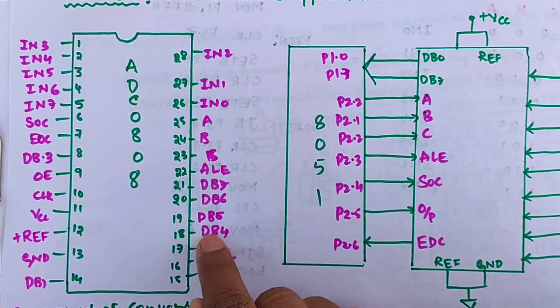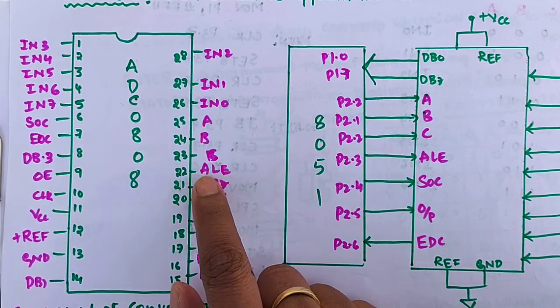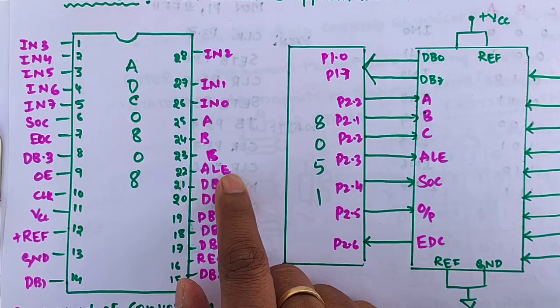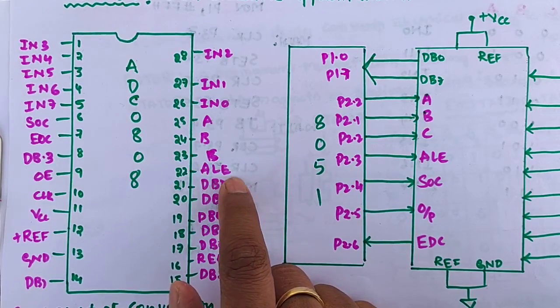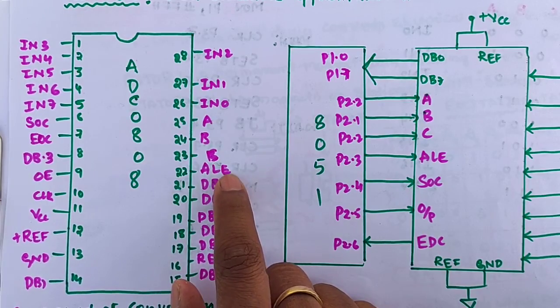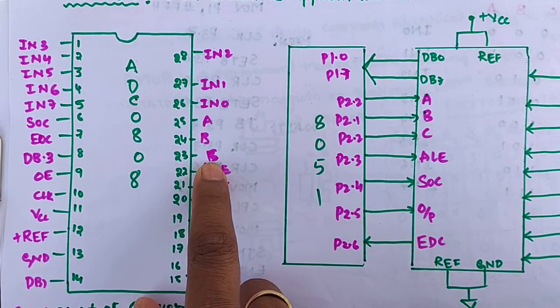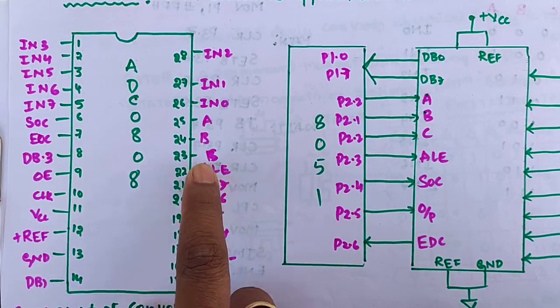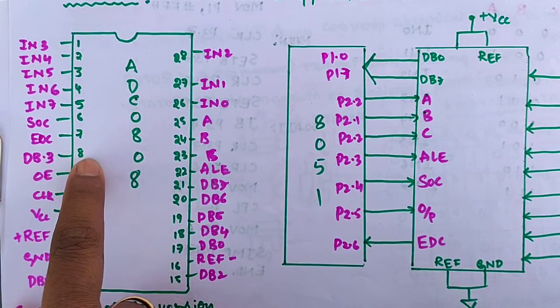These data bit lines represent the output bits. There is also the address latch enable, because the data and address lines are both used here, therefore a latch is required. So the address latch enable control pin is used here, along with the ABC control pins, and the output enable.